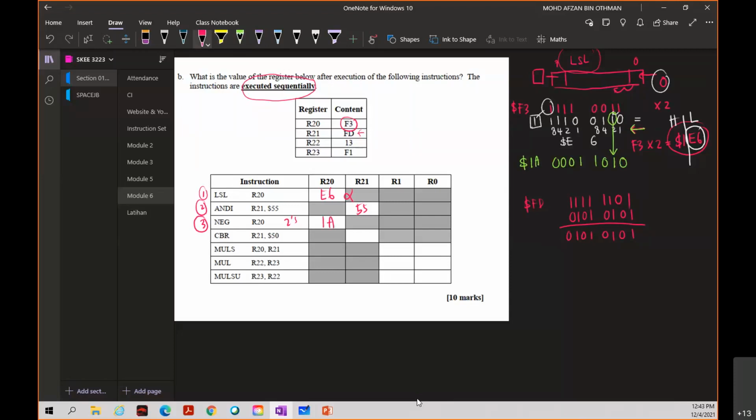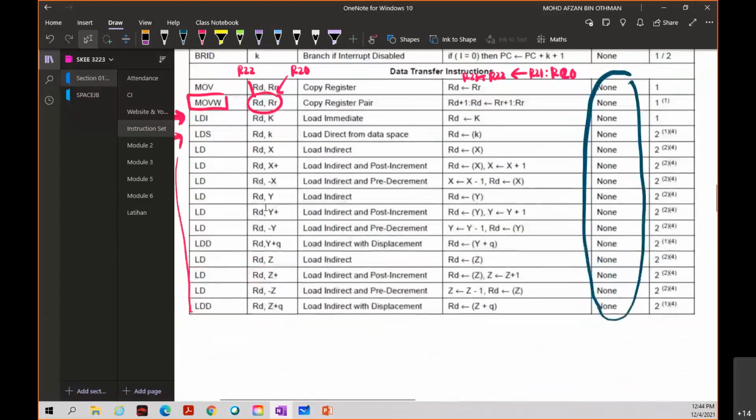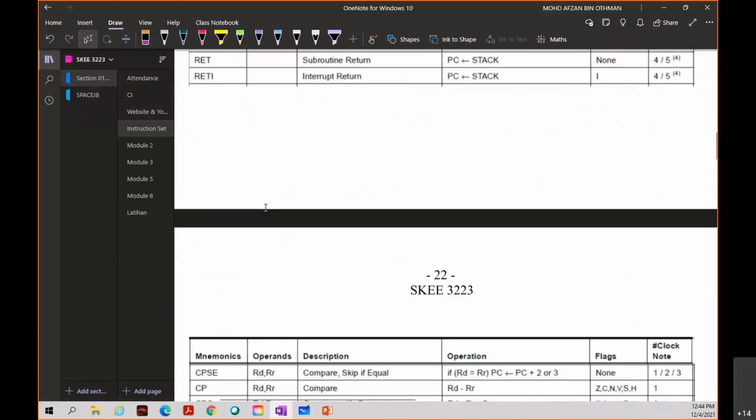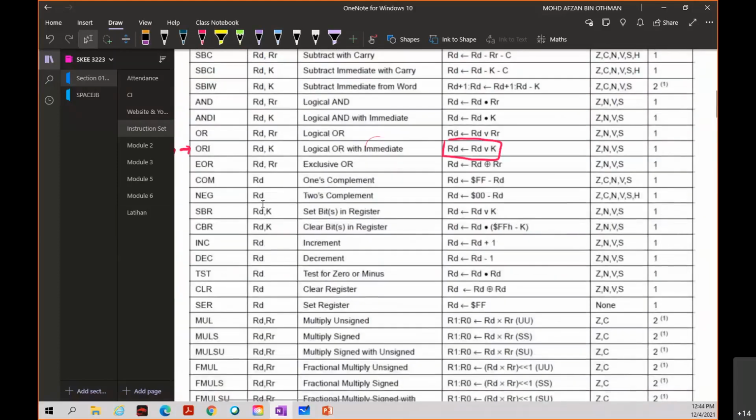Or you can simply press the calculator, by looking at the instruction set. If you don't know what the NEG does, you go to the instruction set and find the NEG. Where is my NEG? Okay, this one here: 2's complement, and the operation is 00 minus RD.